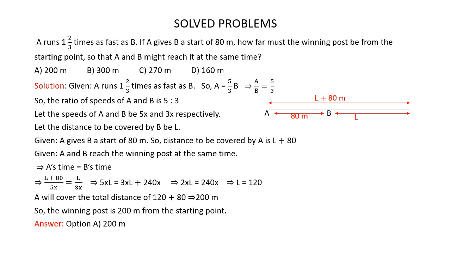A's distance is L plus 80 and A's speed is 5x. B's distance is L and B's speed is 3x. So now we have L plus 80 divided by 5x is equal to L by 3x. On cross multiplication and solving, we get L is equal to 120.